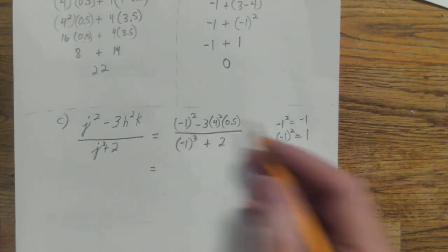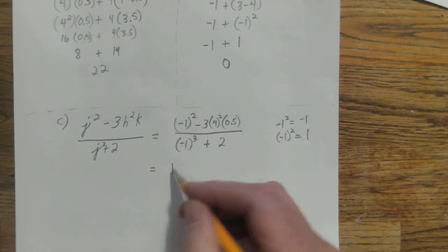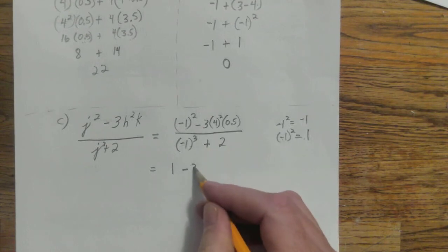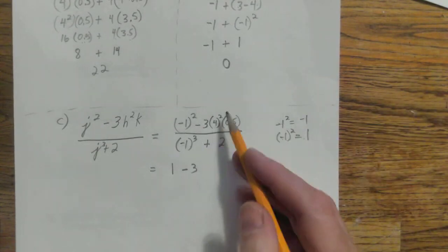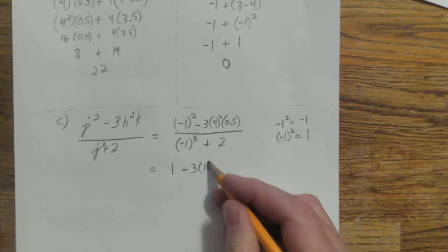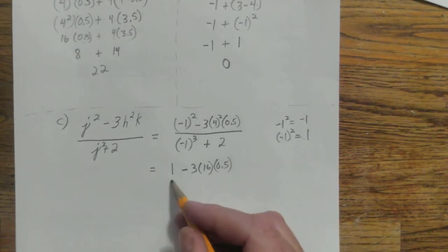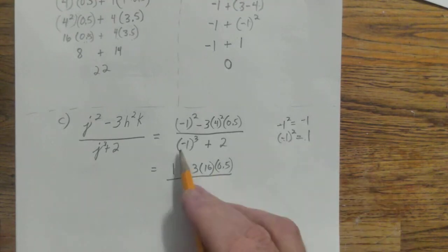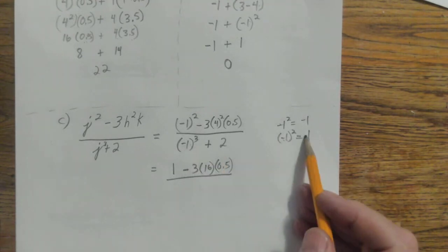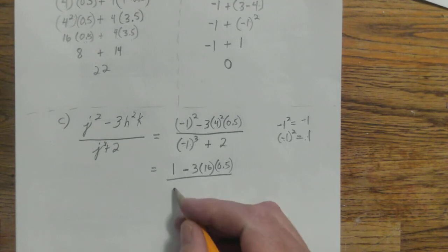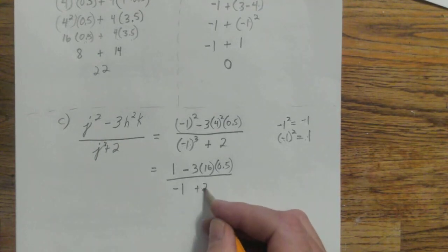Alright, -1 squared, we kind of talked about that. That's 1. Minus 3, I'm going to do all the exponents. 4 to the second power is 16, and 0.5 there. -1 to the third power, that's 1, and then 1 times -1 again is -1, and then plus 2.